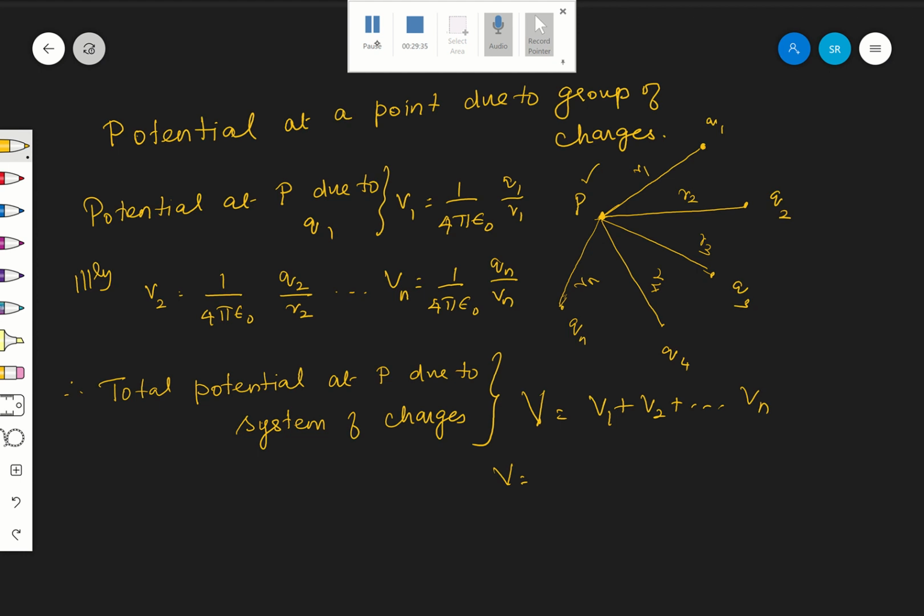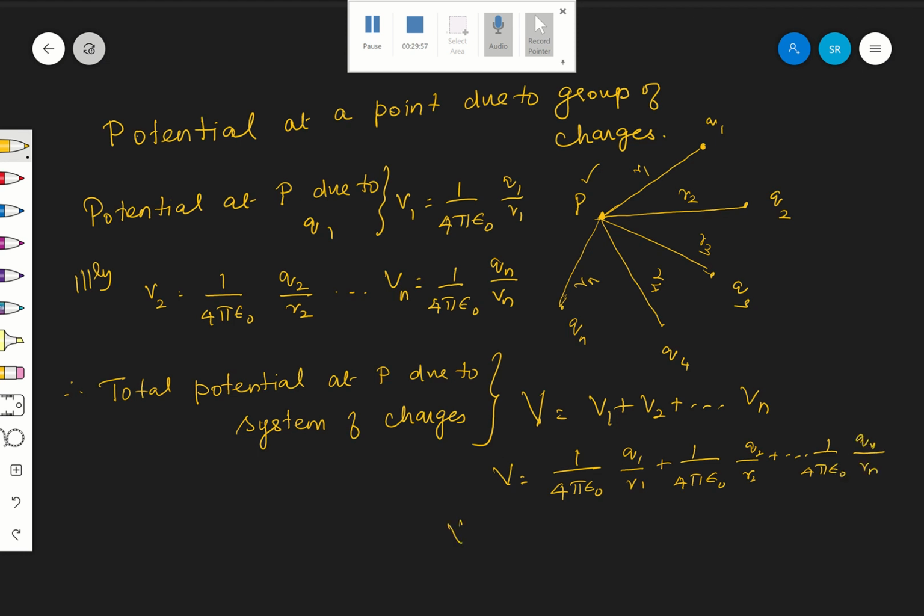4 pi epsilon naught Q1 by R1 plus 1 by 4 pi epsilon naught Q2 by R2 plus etc. 1 by 4 pi epsilon naught Qn by Rn.